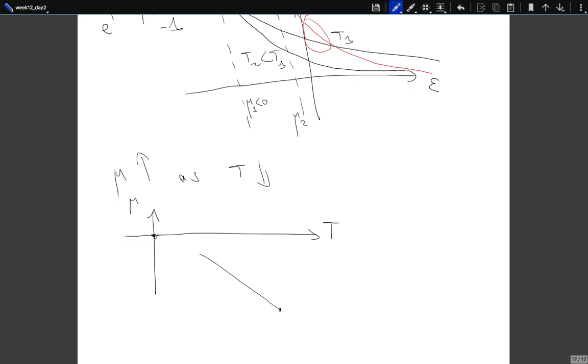So when does it reach 0? At finite T or at small T, or at 0 T? It's possible that for certain systems it will reach 0 and then stay at 0. In some other systems it might reach 0 only at T equal to 0. So this is what we call the Bose-Einstein condensation.